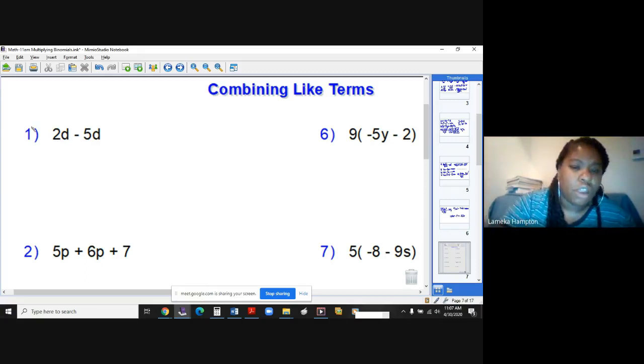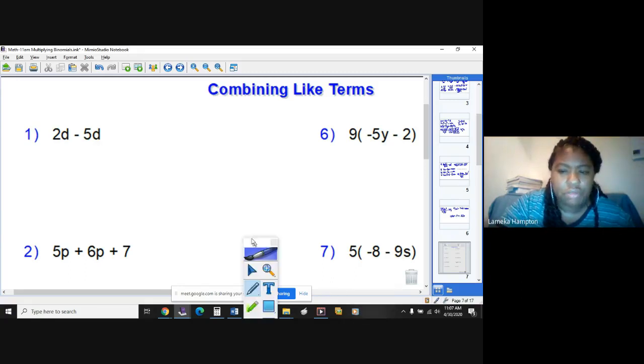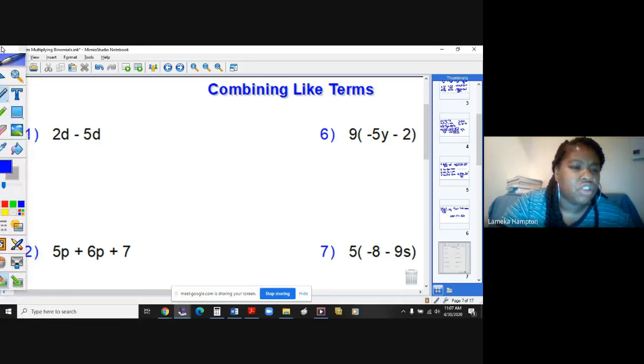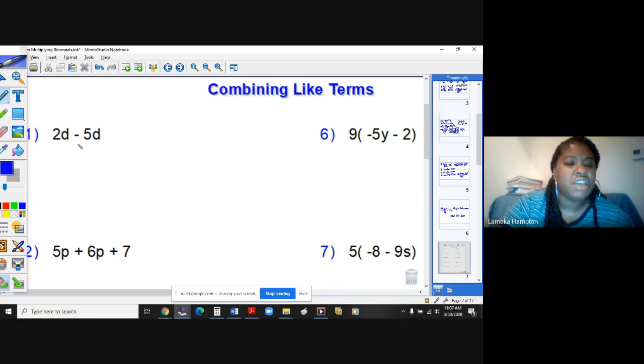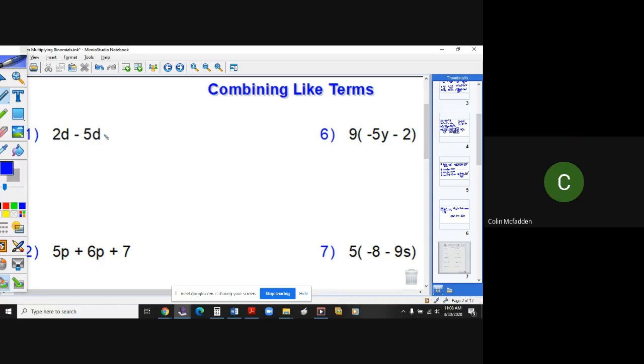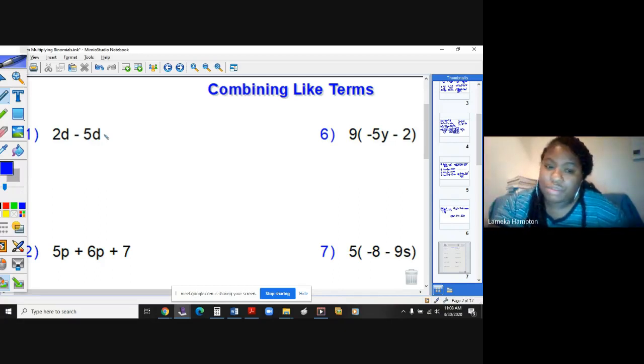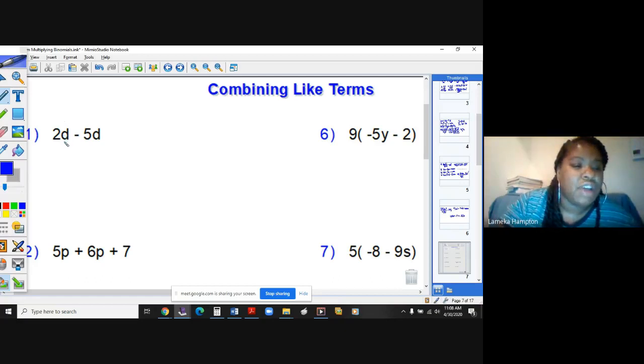All right. For number one, we have 2D minus 5D. You have to ask yourself, are these like terms or unlike terms? Y'all can take yourselves off of mute to answer the question. They are like terms, because they both have a D. Now you have to ask yourself, can I subtract like terms?